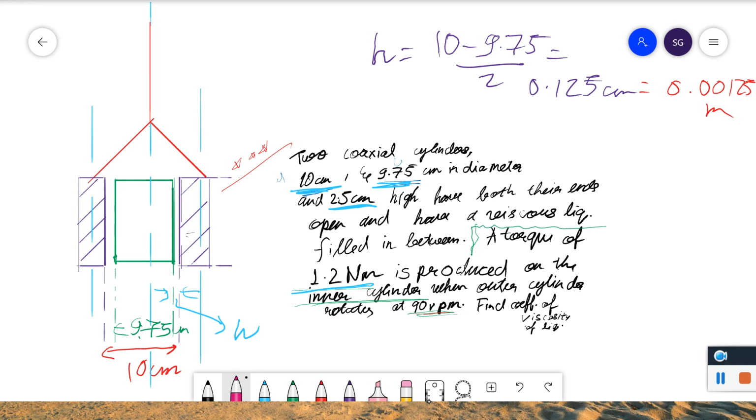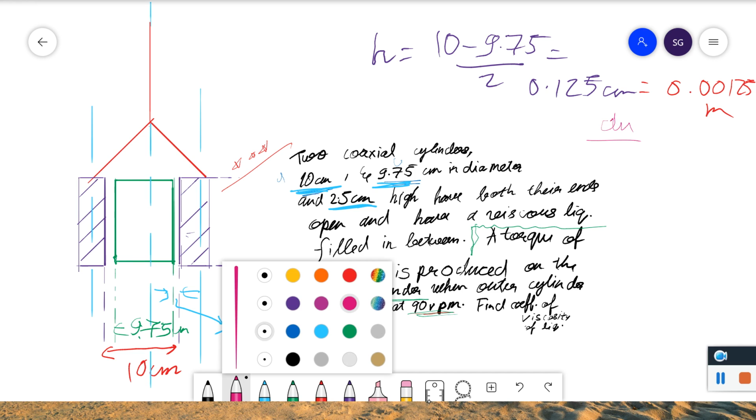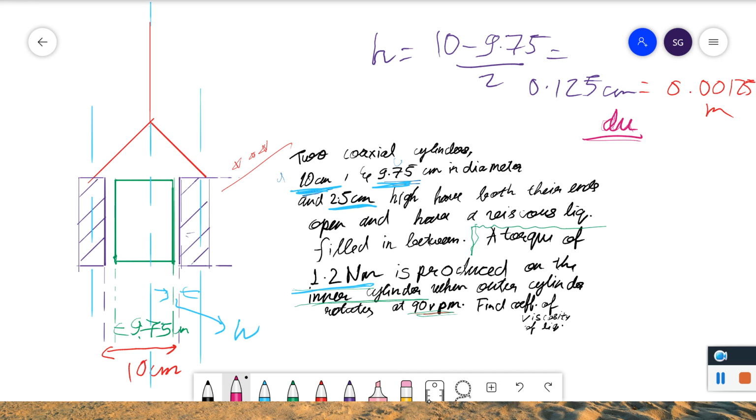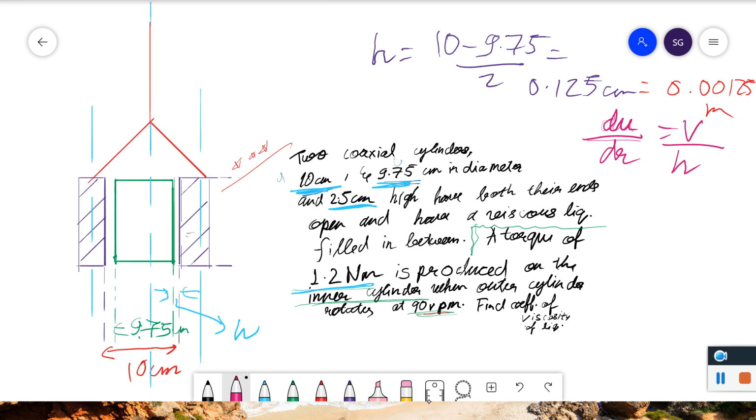Fine. Now we need to find the velocity gradient. So velocity gradient is nothing but du by dr, and here it is constant, so we can also write this as velocity upon h. R here is h. You can see this, we are mostly concerned about this only.